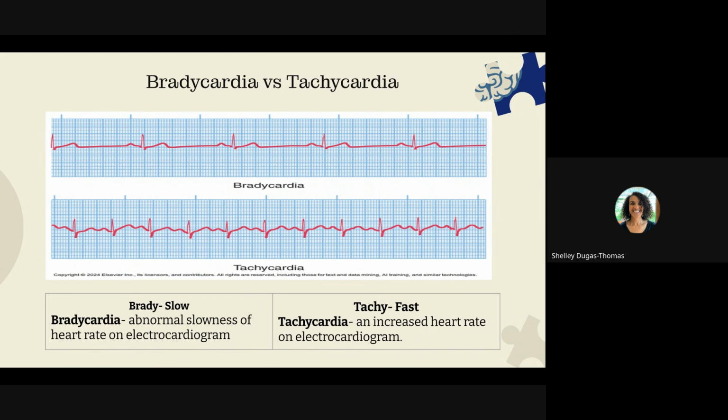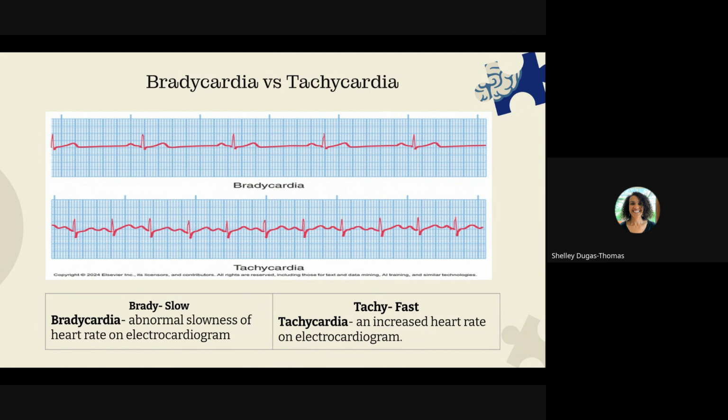So here's a classic clinical visual pairing. Both of these terms use the root word cardio, heart, and the suffix ia, condition of. On the top rhythm strip, look at how far apart those peaks are. The heart is dangerously slow. We prefix it with brady to get bradycardia.